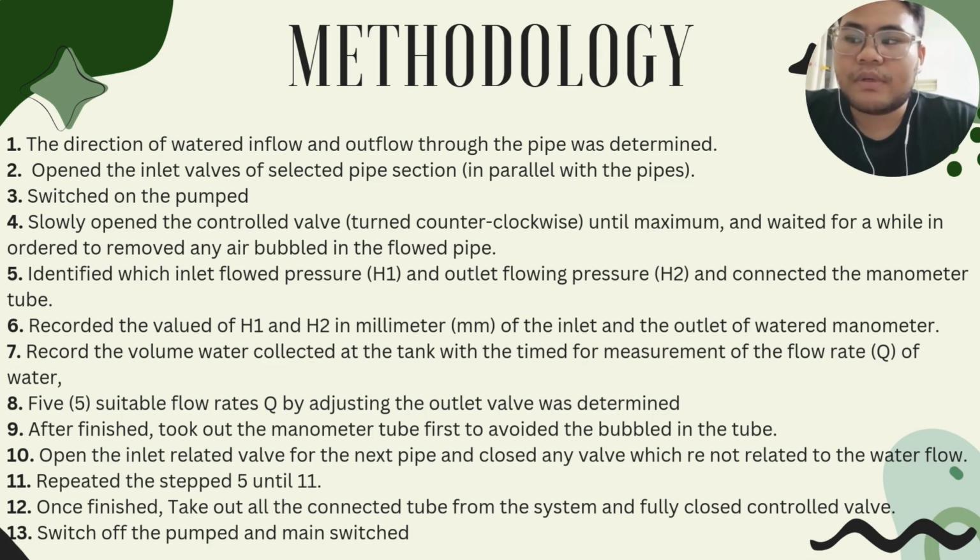The next step, find a suitable flow rate Q by adjusting the outlet valve. Next step, after finishing, take out the manometer tube first to avoid bubbles in the tube. The 10th step, open the inlet valve for the next pipe and close any valve which will not let water flow through. 11. Repeat steps 5 until 11.